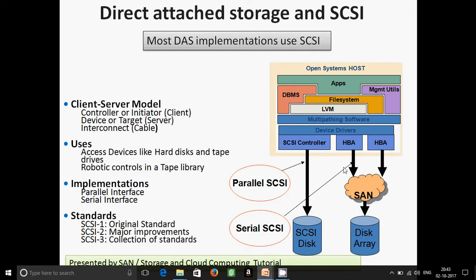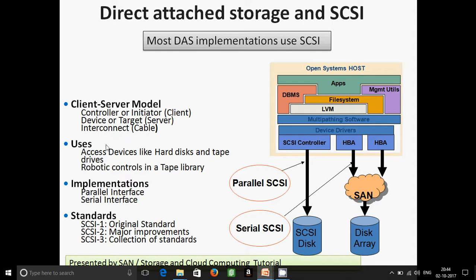In DAS you have one server and one SCSI controller to the disks, but in SAN, the storage area network, you will have the HBA connected to the SAN environment, the SAN switches, and it will be accessing the disks residing over the storage. So in the client server model, the controller is the initiator, the device is the target, and the cable connects them. Basically these are the components.